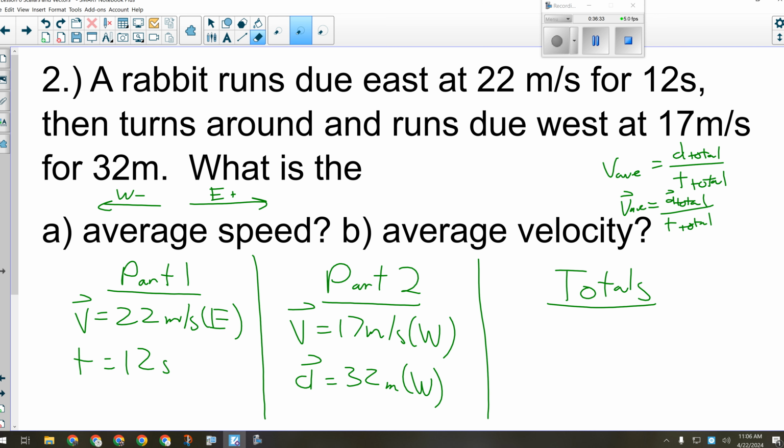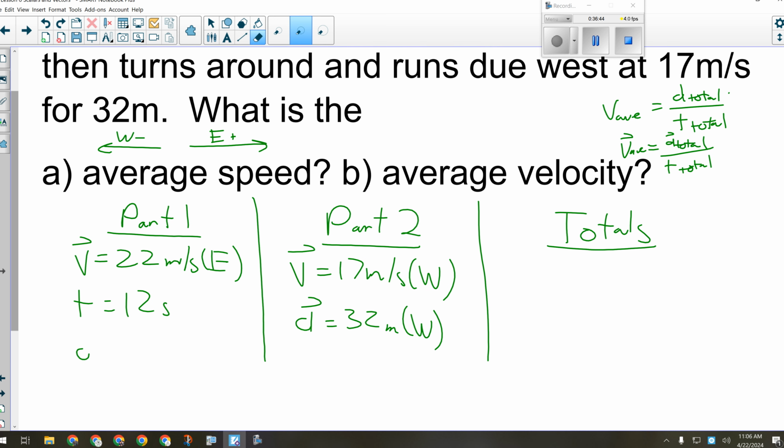All right, so if I want to calculate, first off, average speed, I need the total distance and the total time. And I don't have the displacement or distance for part 1, and I don't have the time for part 2, but can I find them? I can. I just have to use v equals d over t. So I've got to do a couple of intermediate calculations that I didn't have to do in the first one.